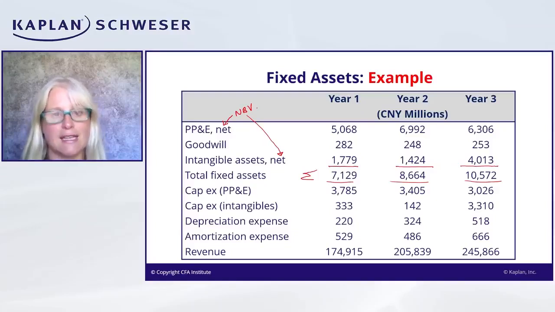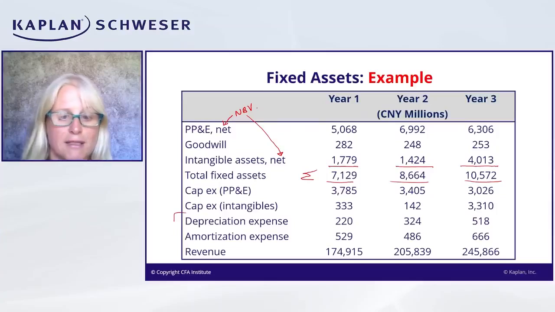Then for that year, you've got the cash that was spent: the capital expenditure, the additions, the purchases of PPE and intangibles. Those are separate lines, separate bits of information. And then you've also got what appears in the P&L that year for depreciation and amortization.